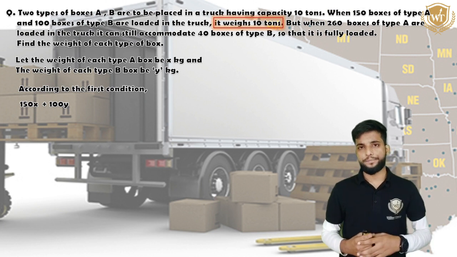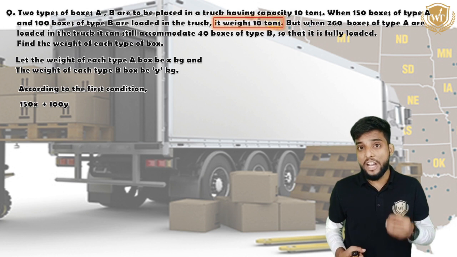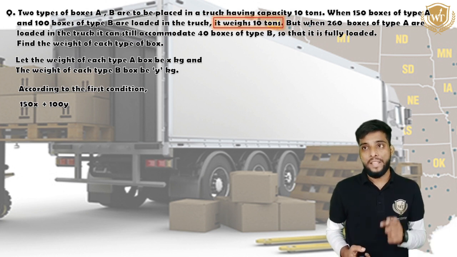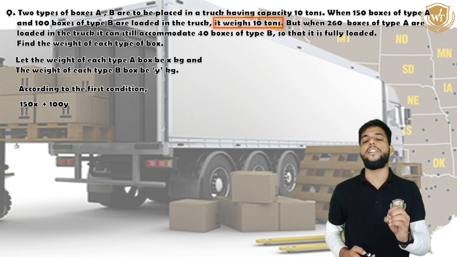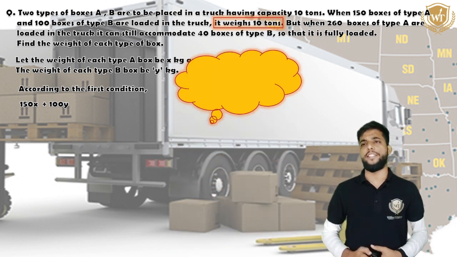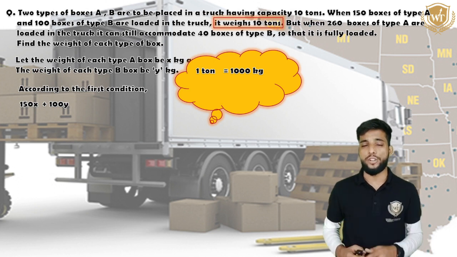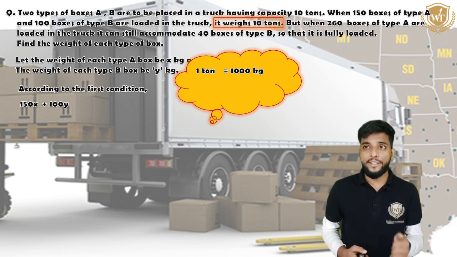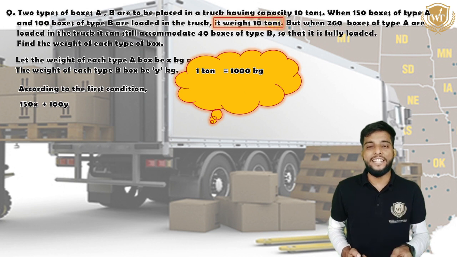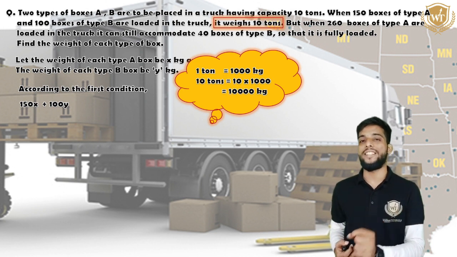Now students, the weight of each box we have considered, या we have assumed in kgs, और ये जो total weight दिया है, it is given in tons. Let us convert tons into kg. So we have 1 ton as 1000 kg, students. Remember this. So 10 tons will be 10 into 1000, matlab 10,000 kg.